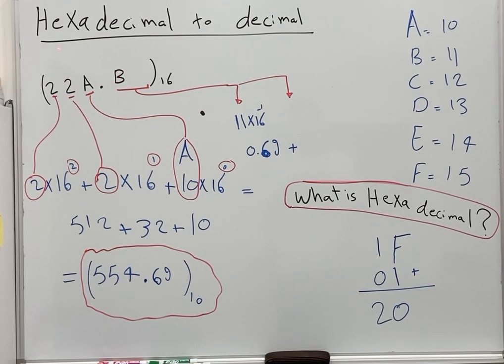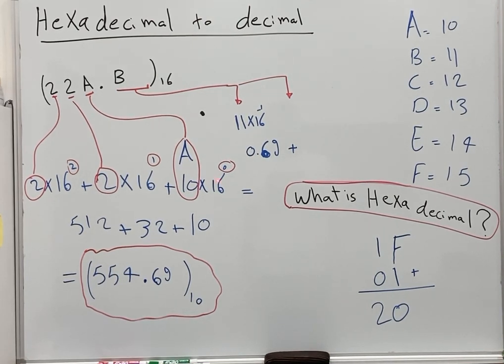Then we have B. So we'll take A here, and we said A equals 10, and because it's the first bit, we'll multiply by 16 to the power of 0. And you know 16 to the power of 0 is 1. So 1 multiplied by 10, it will be 10.